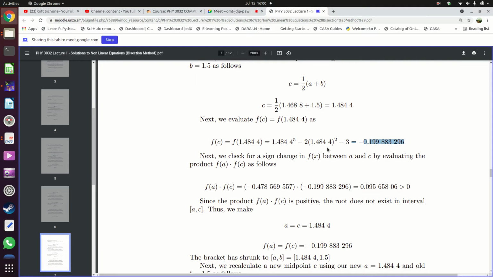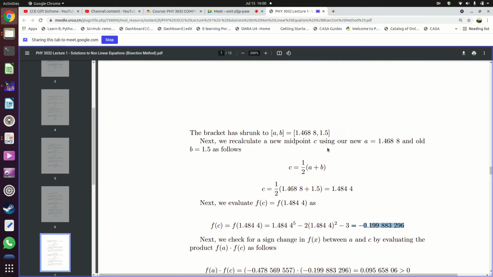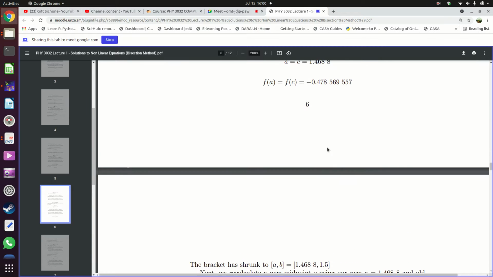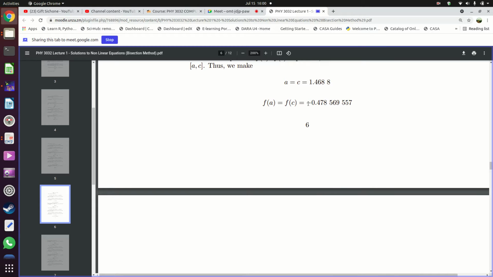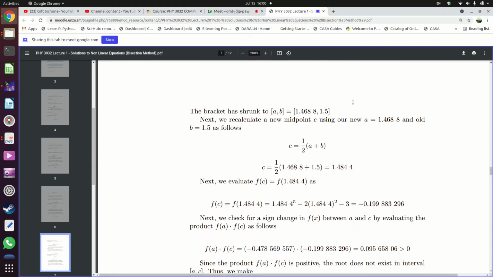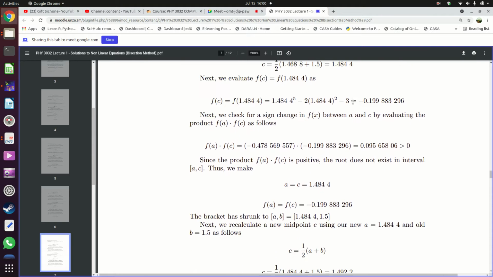Since the value of the function at the midpoint is negative, and the value of the function at a is also negative, you work out this product to find out if there is a solution between a and c.